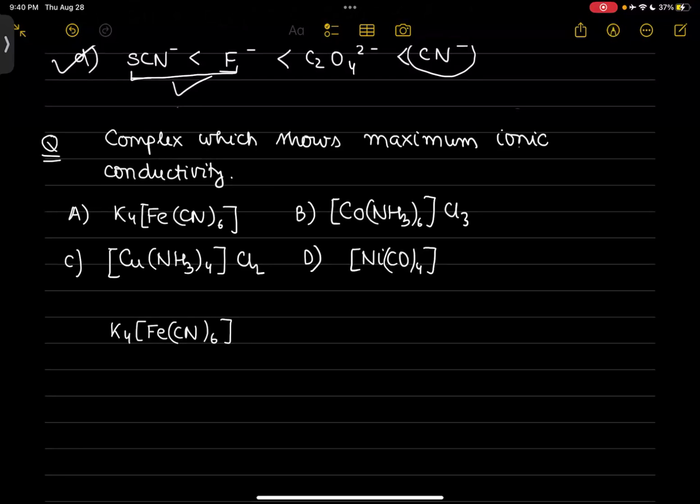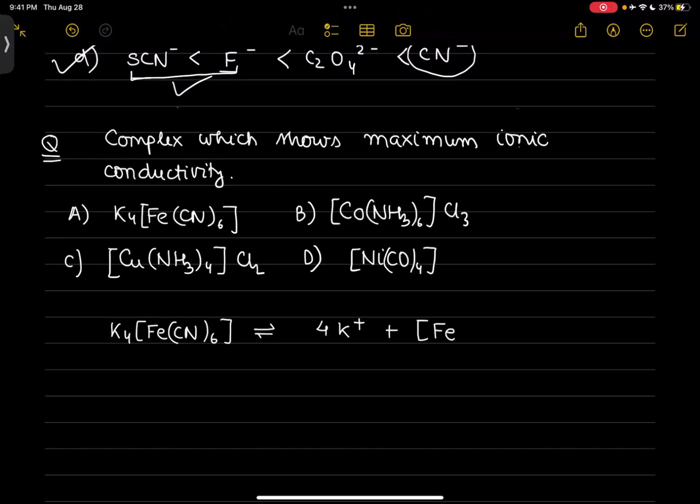So this is going to get split, and it has 4 potassium ions. Yes, option A. How many ions are there? Very good, option A is correct. Yes, 5 ions are there.